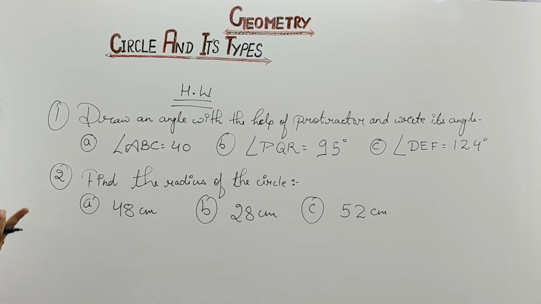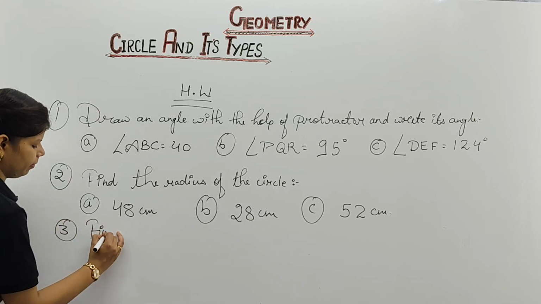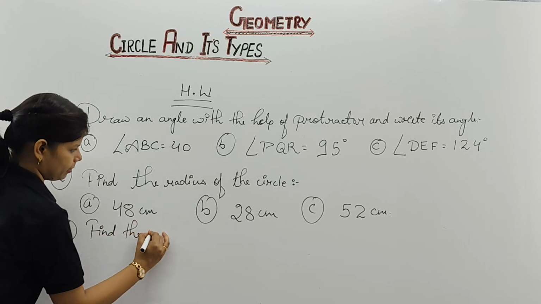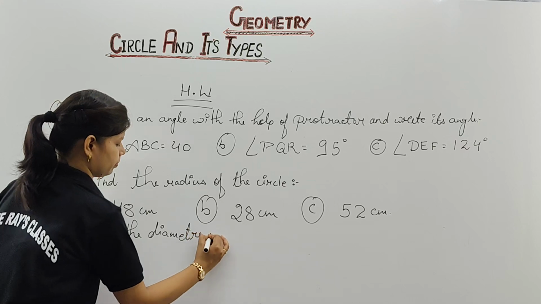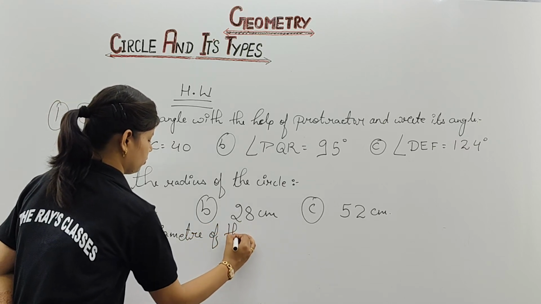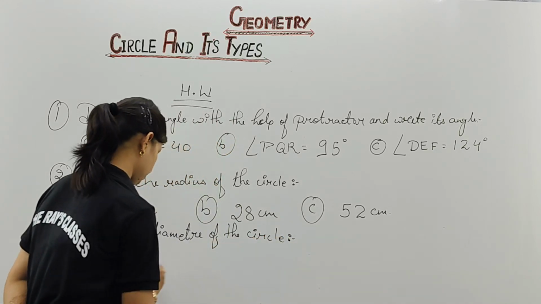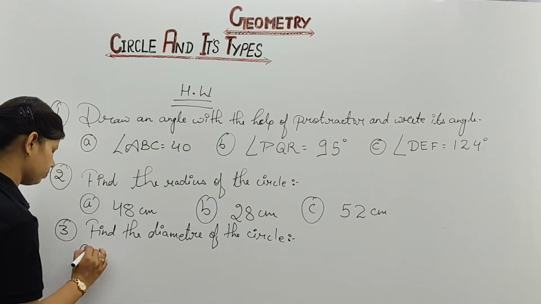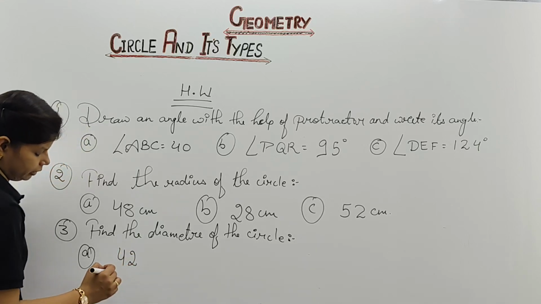And last, let's give the third pattern also so that you can practice. Find the diameter of the circle. Here I'll give two questions based on this one. First is your 42. 42 what?